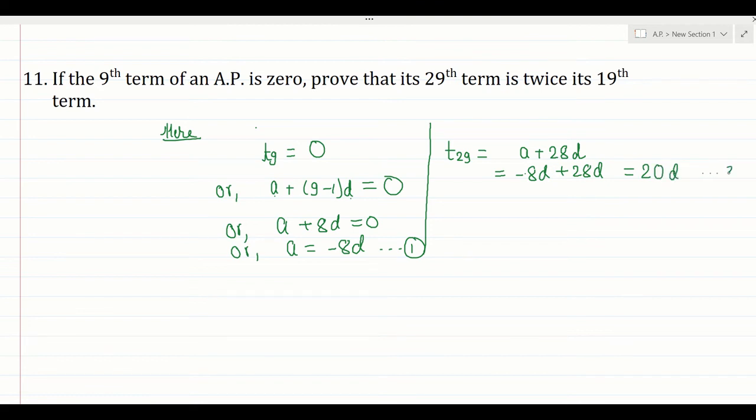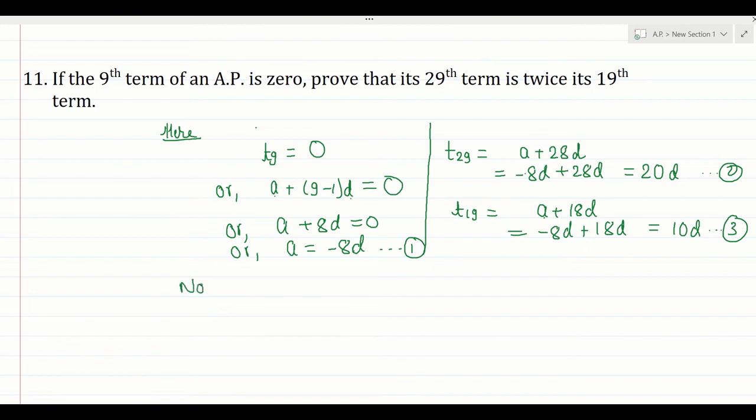This is equation 2. Again, let's find out 19th term, that is T19 is equal to A plus 18D. So again A is minus 8D. So minus 8D plus 18D, isn't that? Now how much is this one? This is 10D. This is equation 3.